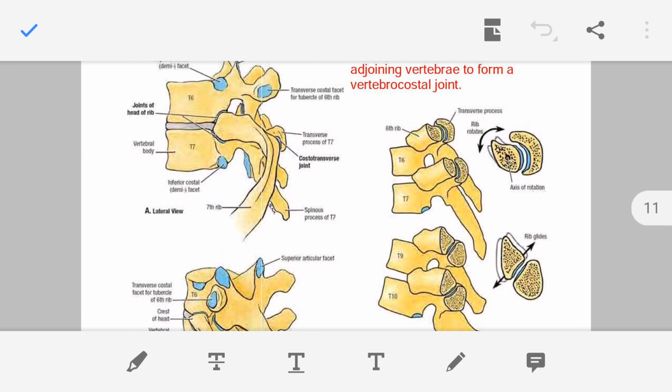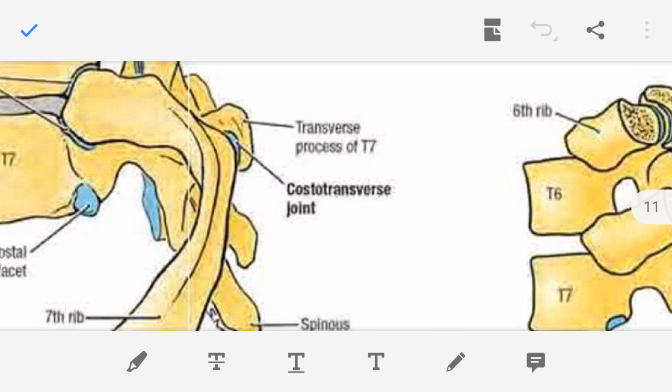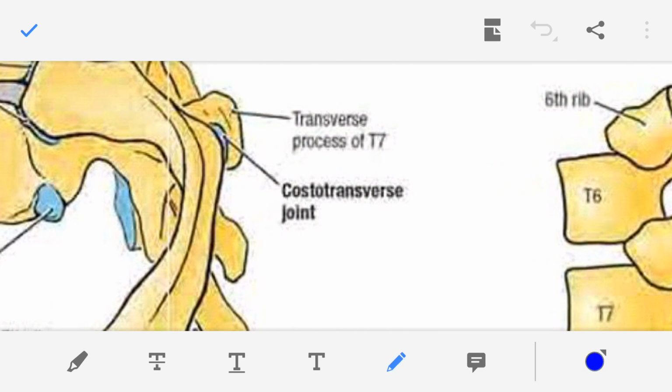So as you can see, this is the transverse process and this is the facet of the transverse process, okay, of the vertebra T7.